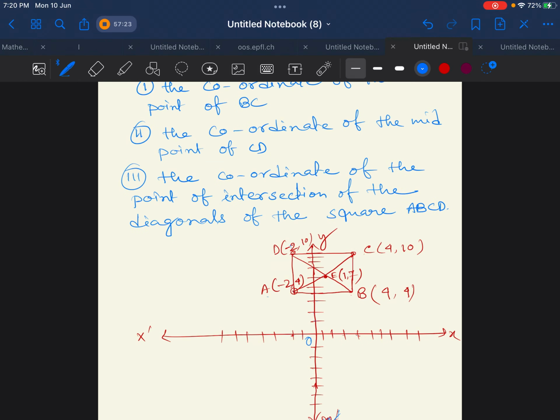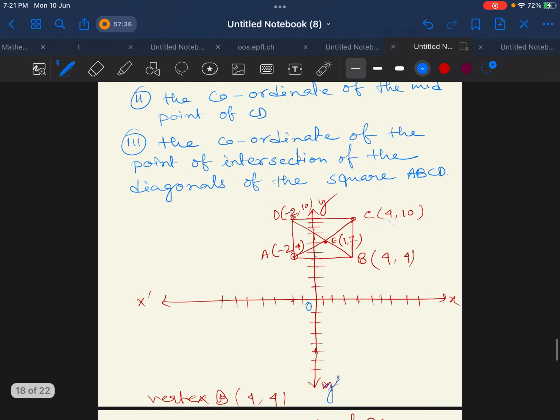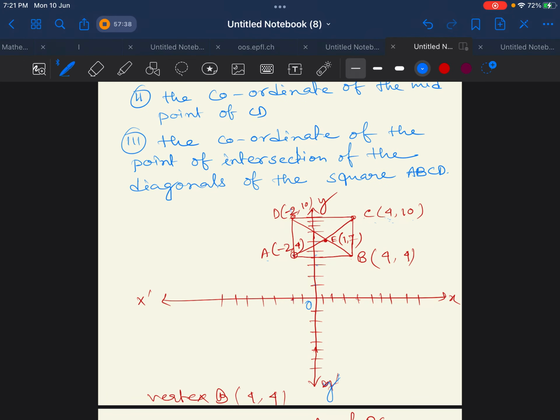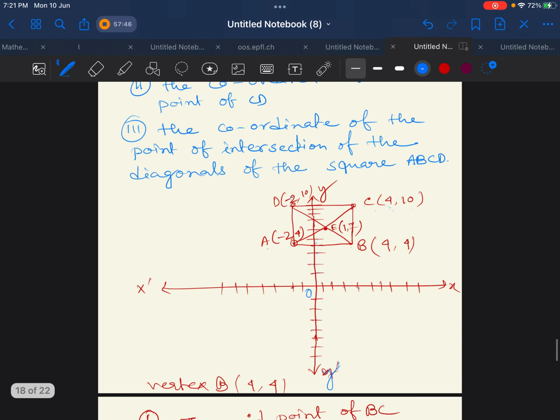C point (4, 10): 1 2 3 4, and 10 is 1 2 3 4 5 6 7 8 9 10. So this point is here, C (4, 10). And D (minus 2, 10): minus 2, then 1 2 3 4 5 6 7 8 9 10. This point is here, (minus 2, 10).